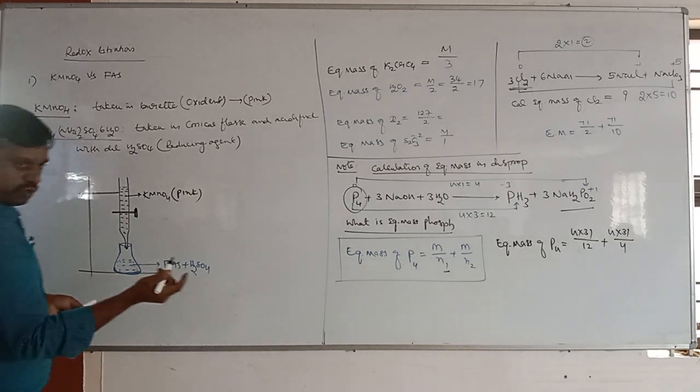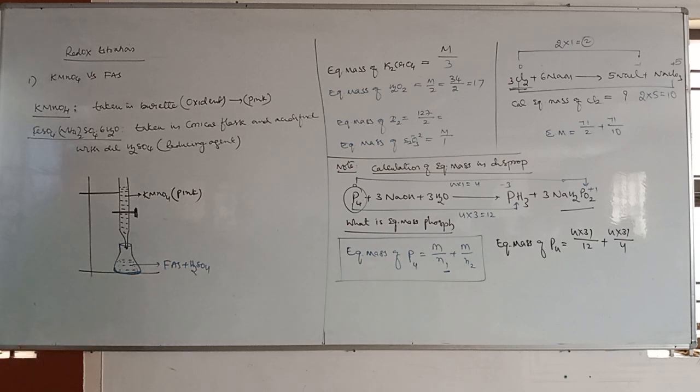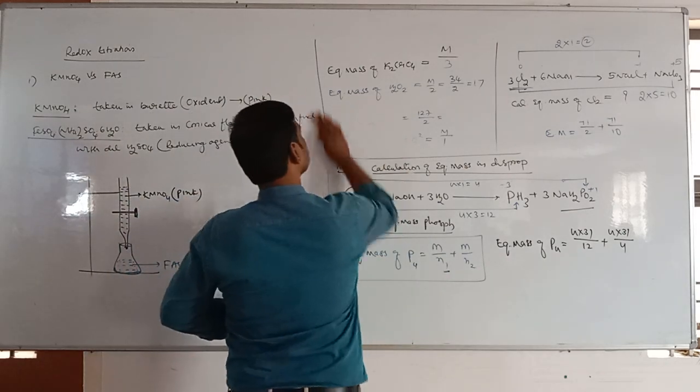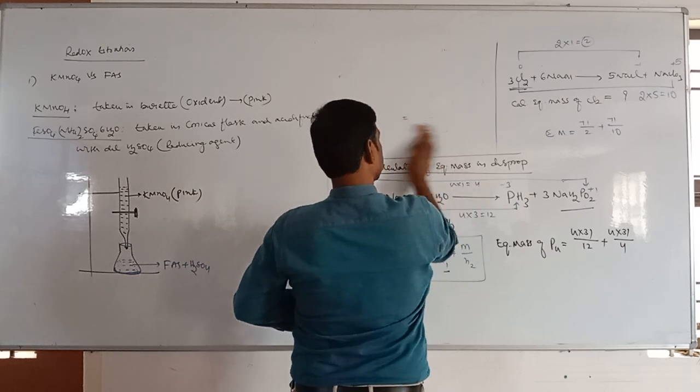Okay. So write 1-2 sentences first. In this titration, KMnO4 from the burette is added to acidified FAS solution until colorless FAS changes to light pink color.